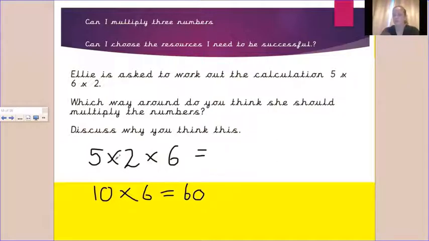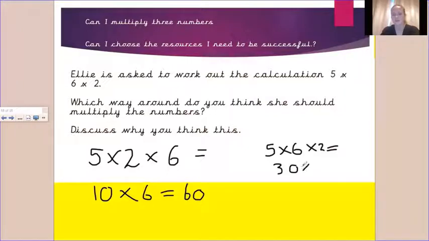And just to show you the associative law, if you did it a slightly different way, if we kept it as 5 times by 6 times by 2, we can see 5 times 6 will give me 30.